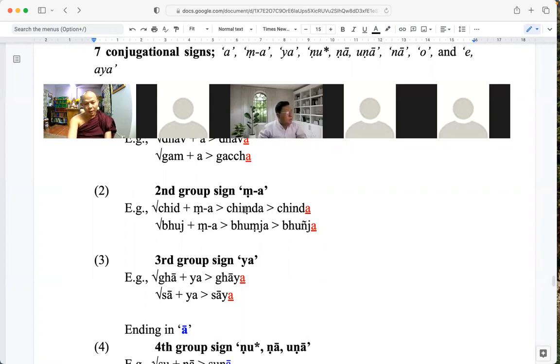So you see here, nasal and da change to na, because na and da are the same group. The same way, nasal and ja change to nya, because nya and ja are the same group. The same way, if we see nasal and ka, that nasal changes to nga, because nga and ka are the same group. So the purpose of the changing is to be in the same group. Thank you, sir. Okay, welcome.